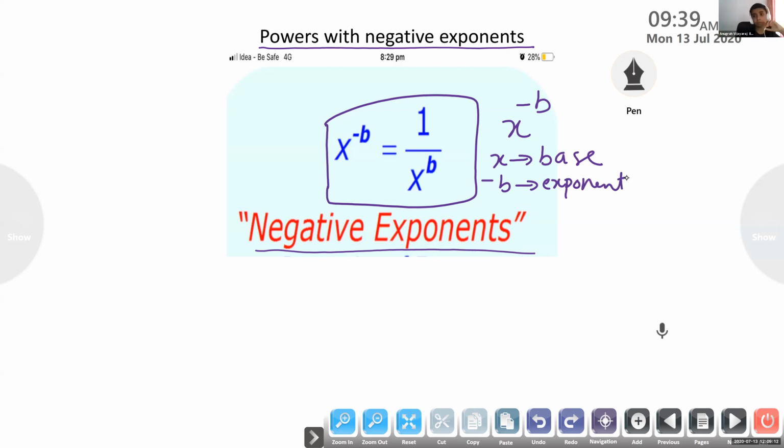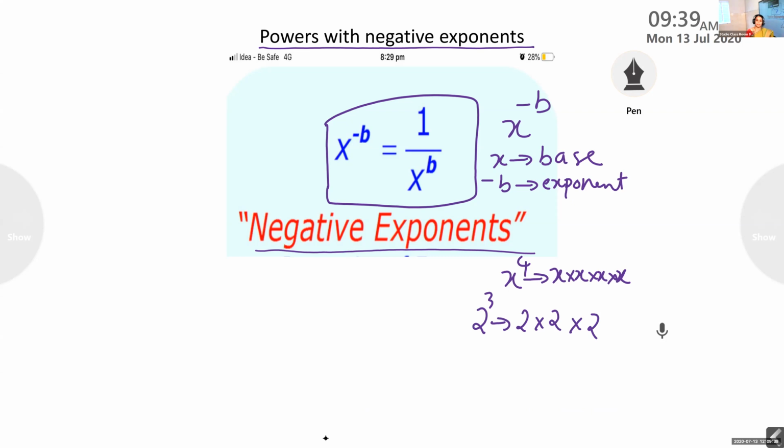Usually x raised to 4 means x is multiplied 4 times, and 2 raised to 3 means 2 into 2 into 2; we are multiplying 2 three times.